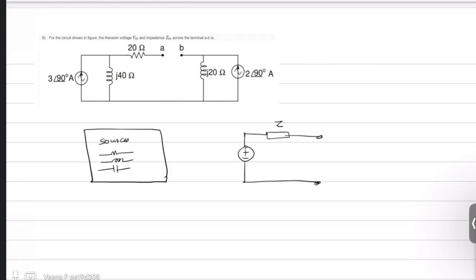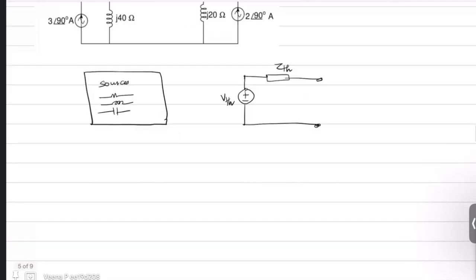This impedance is called the Thevenin impedance and this supply is called the Thevenin voltage. It could be AC or DC.